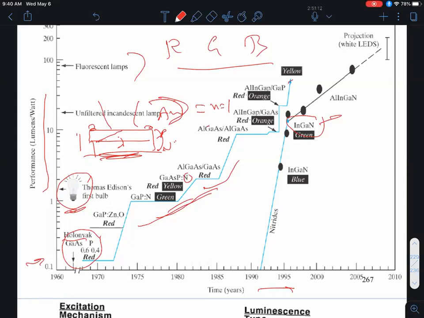Now, if I go from high refractive index medium to low refractive index medium, what happens? The light will tend to refract like that. And if this angle of incidence is greater than the critical angle, it will undergo total internal reflection, right? Which will be a shame because I'm generating light within the structure, but I simply can't get it out of it, right? So to solve that problem, typically these have nanostructures put on top of them.